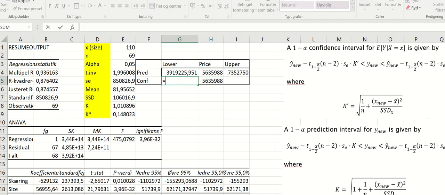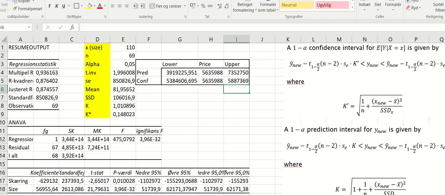So this is our price minus our t-value multiplied by our standard error multiplied by our k star. And this is again our price plus the t-value multiplied by the standard error and multiplied by the k factor.